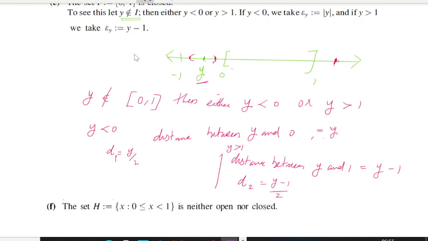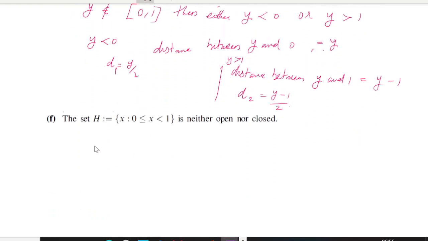So y minus 1 means up to here, this distance, and by 2 means this distance. From here to here I can go for this y minus 1 by 2 distance. I can consider an epsilon neighborhood here, right? So in this case also we can say that the closed interval 0, 1 is a closed set.